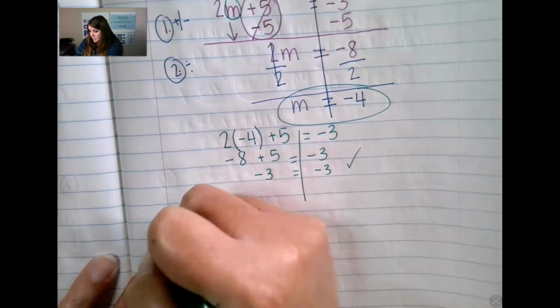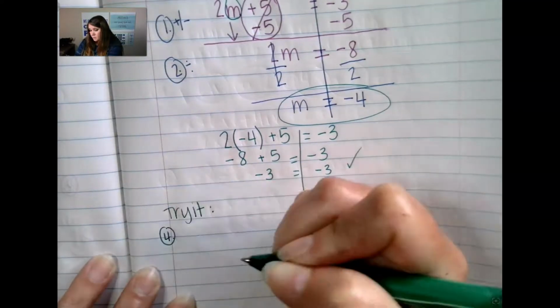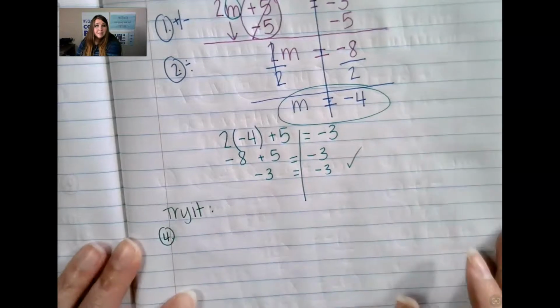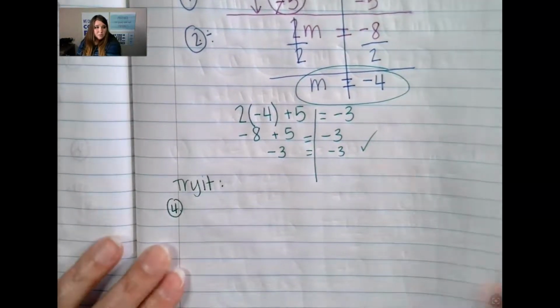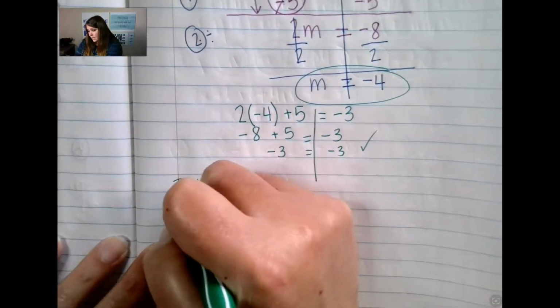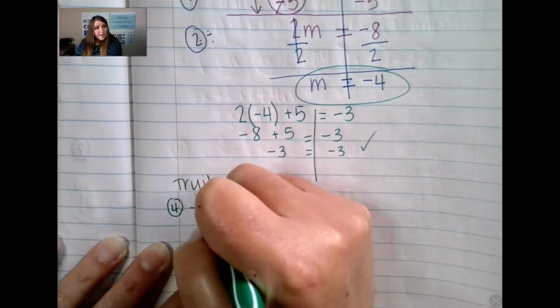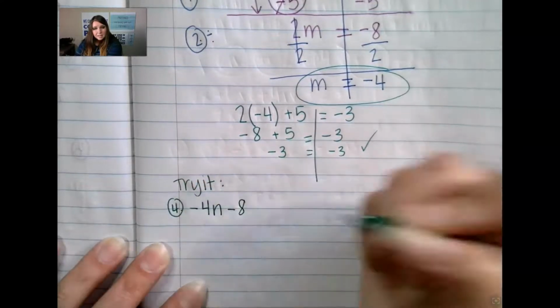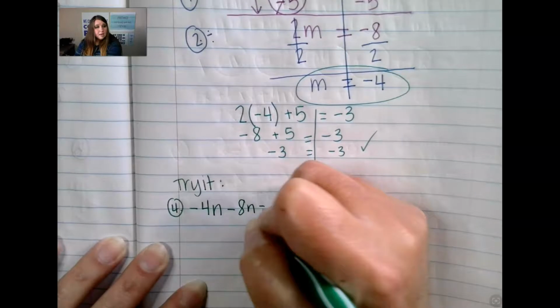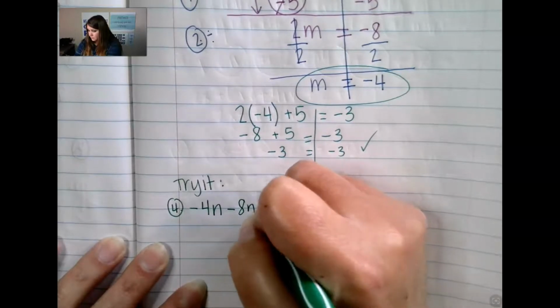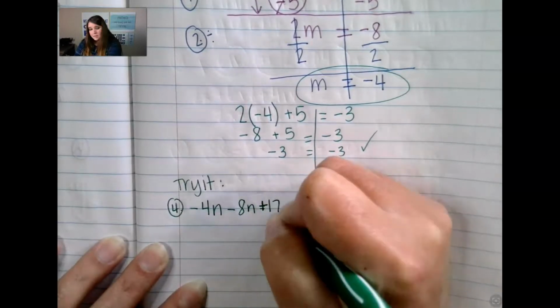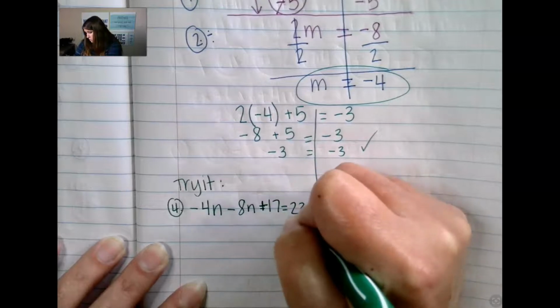This is actually try it number 4 because it's still part of the same lesson from yesterday. It says negative 4n minus 8n plus 17 equals 23.